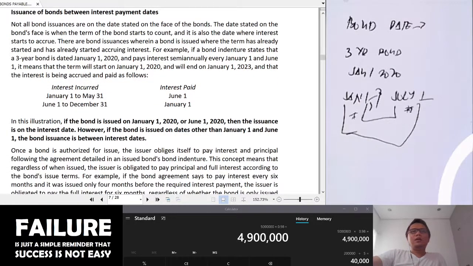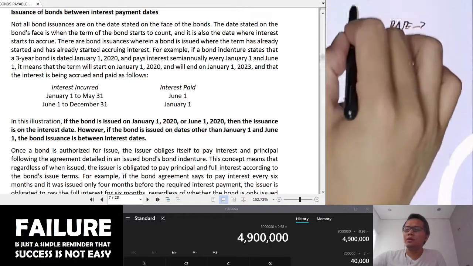So, kumbaga, on the date of issue, si investor ngayon, babayaran niya, in substance, yung interest na marireceive niya for that period na hindi pa siya yung owner ng bonds, or yung accrued interest period.